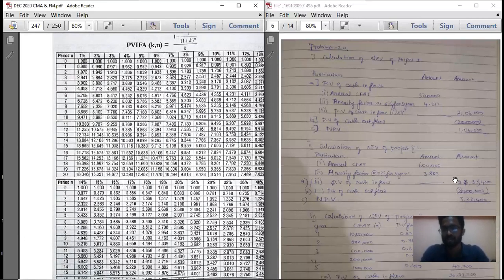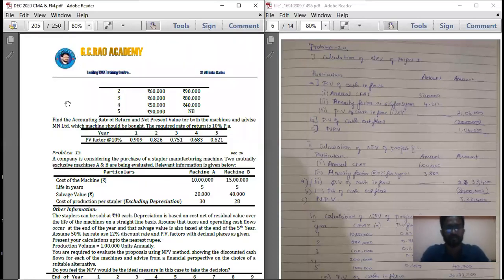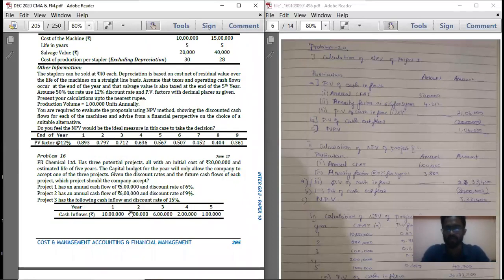3.890. Now underline it. Now multiply it. Below that, in the particulars column record small a, present value of cash inflow. Next to that, within bracket, record small Roman number 1 into small Roman number 2.